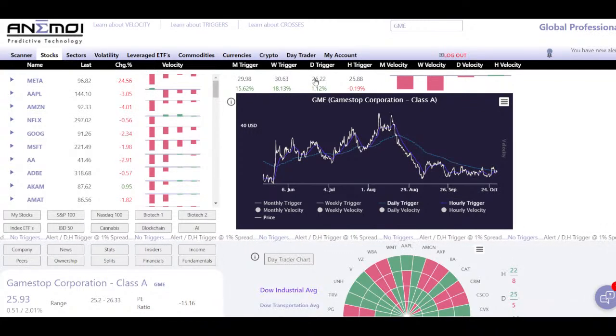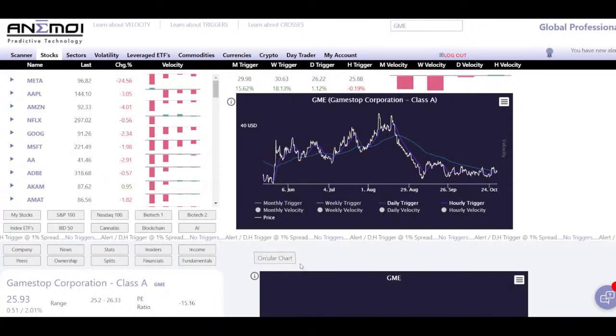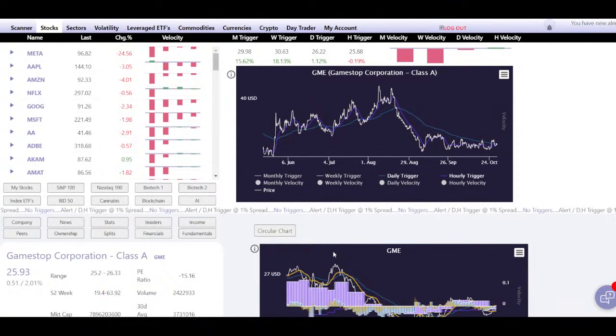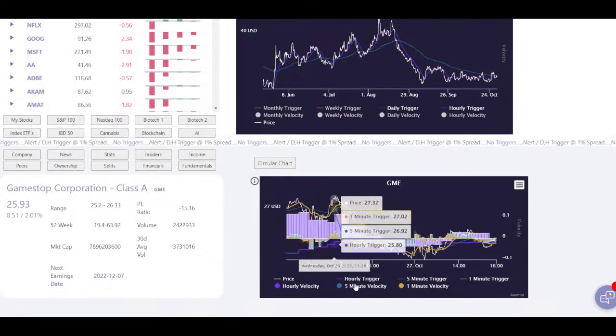We need to see price remain above 26.22 for about 4 hours. If we do that for 4 hours, then the hourly trigger at 25.88 will come up every hour, a couple of cents, 10 cents, 8 cents, and if it crosses the daily trigger at 26.22, well, then we're bullish without a doubt, all right?